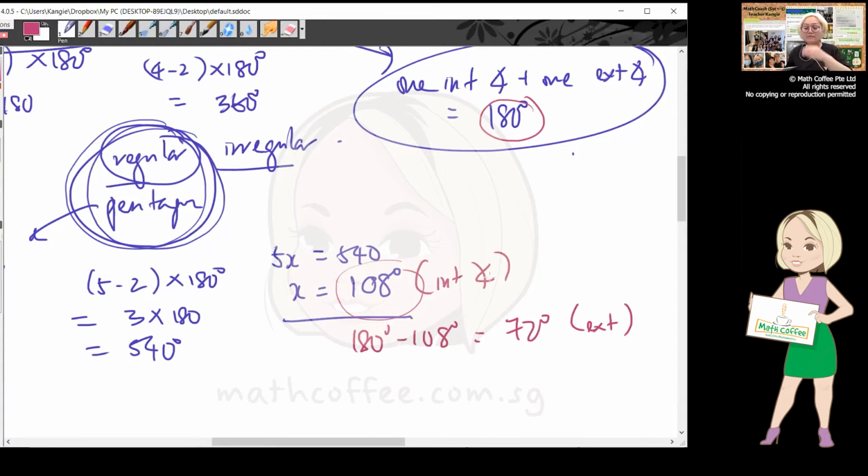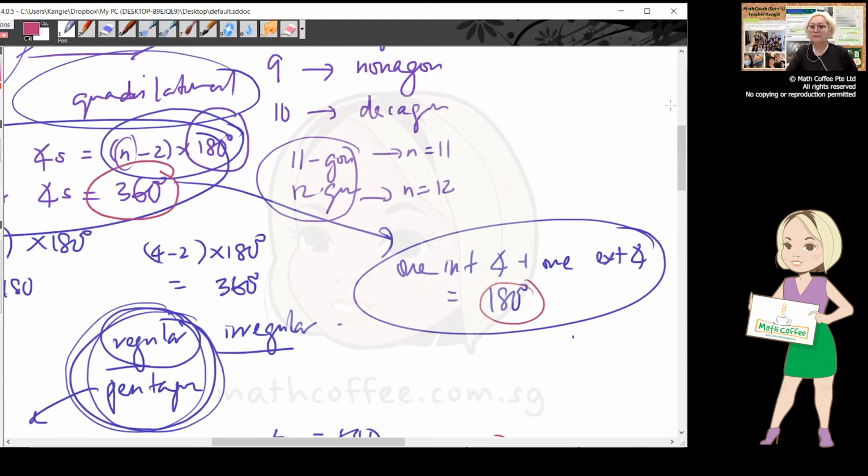There is one very important thing that you all need to know. If I already know the exterior angle of a regular polygon, let's say it's 72 degrees, then to find the number of sides, remember the sum of exterior angles is 360.